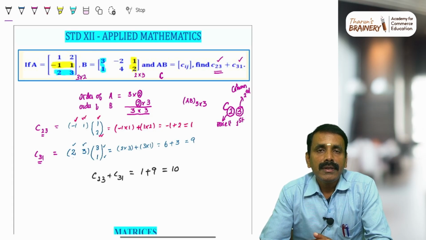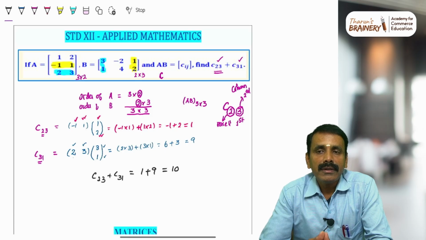The product of two matrices is possible only when the number of columns in the first matrix is equal to the number of rows in the second matrix. If they are equal, then we can perform the multiplication.